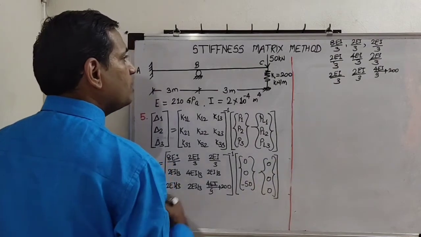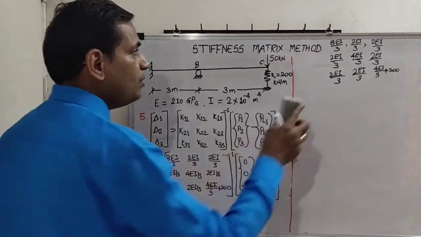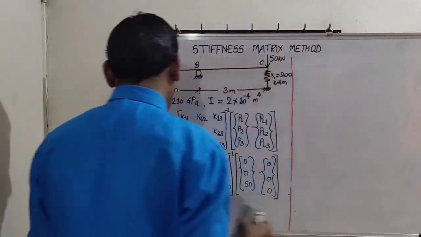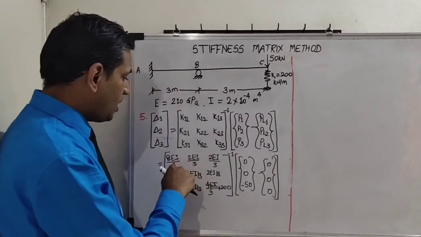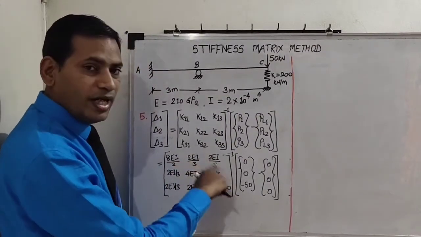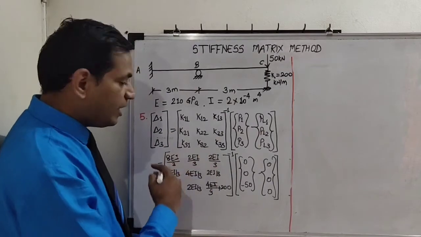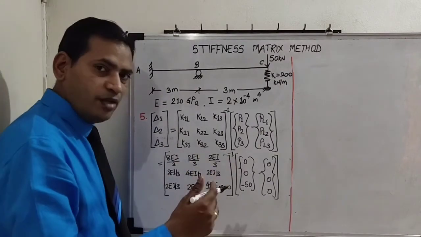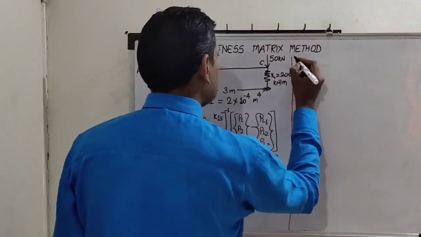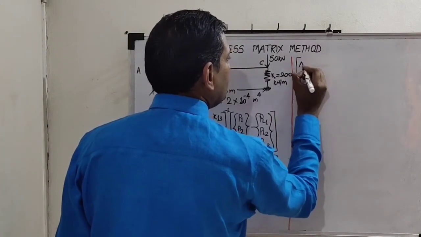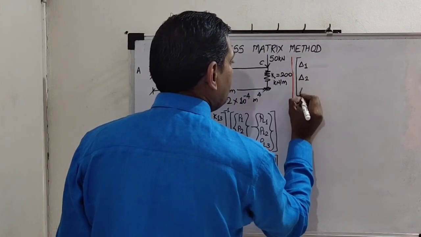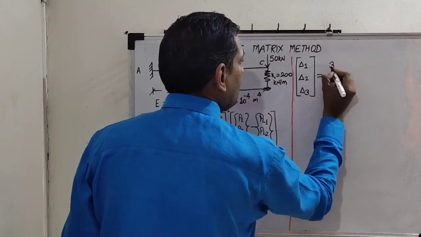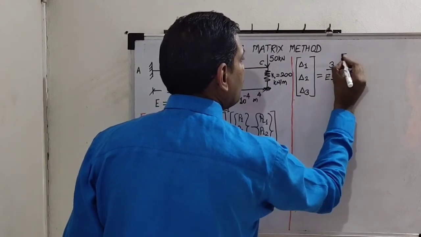Now we have to solve this inverse of the matrix. So we will first of all make some minor adjustments. Everywhere we can see EI upon 3 common in all these matrix elements. So we will take it outside as a common entity. So EI upon 3 inverse is 3 upon EI. So let us write down first of all this. So this is delta 1, delta 2, delta 3. It is equal to 3 upon EI. Okay, this is common.